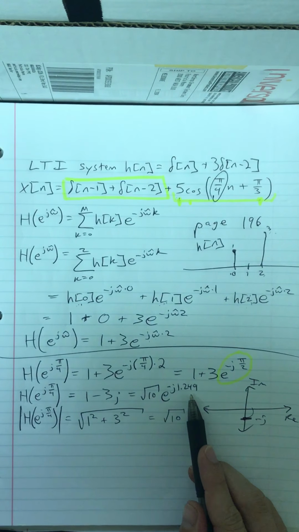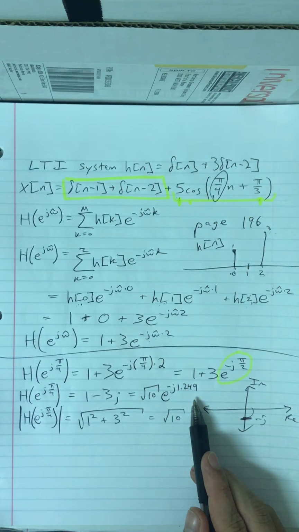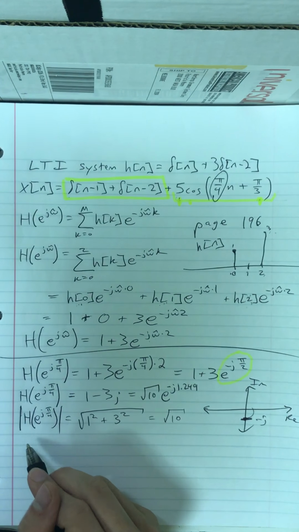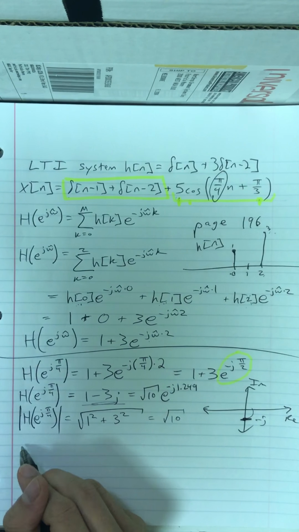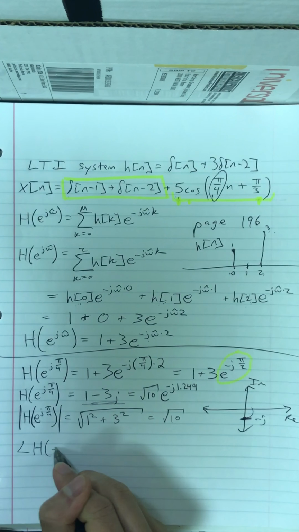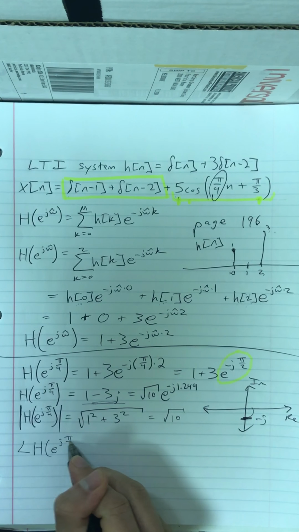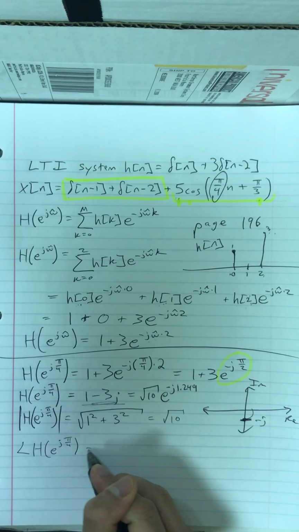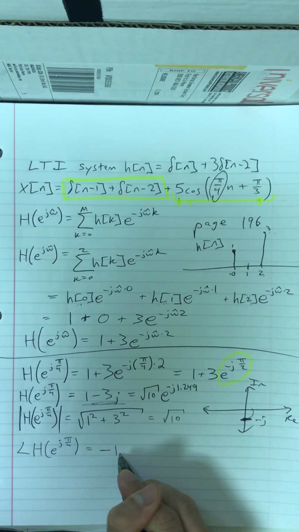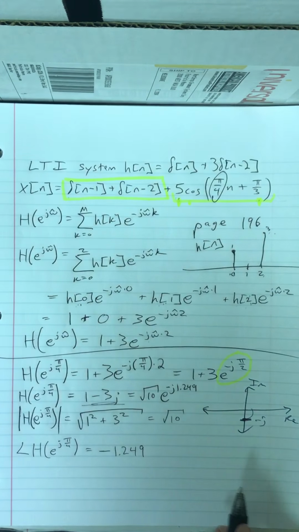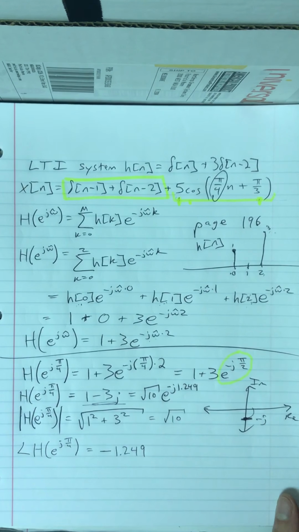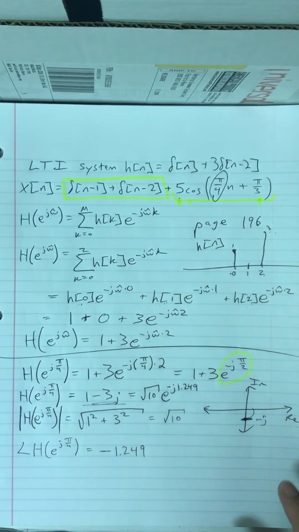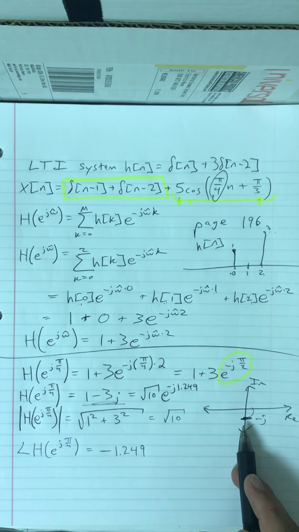If you can see that, and that's in radians here. So the phase angle associated with this complex number here is going to be minus 1.249. Okay, so I'll give you a second. Maybe you can pause the video and take in all this.